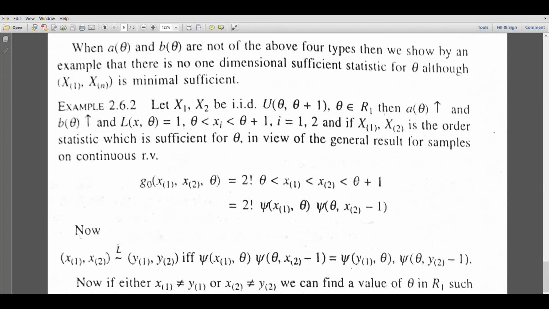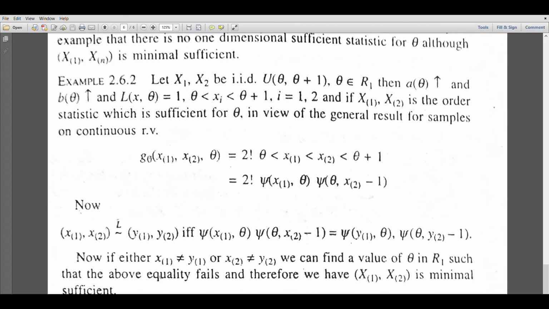And here they say that x1 comma x2, the order statistic, is sufficient for theta. In view of the general result for samples on a continuous random variable, we have g naught of x1 comma x2 of theta. This is the result for the order statistic. Their joint density is equal to 2 factorial into theta less than x1 less than x2 less than theta plus 1, which is equal to 2 factorial into psi of x1 comma theta into psi of theta comma x2 minus 1, where psi is defined as in the above example.